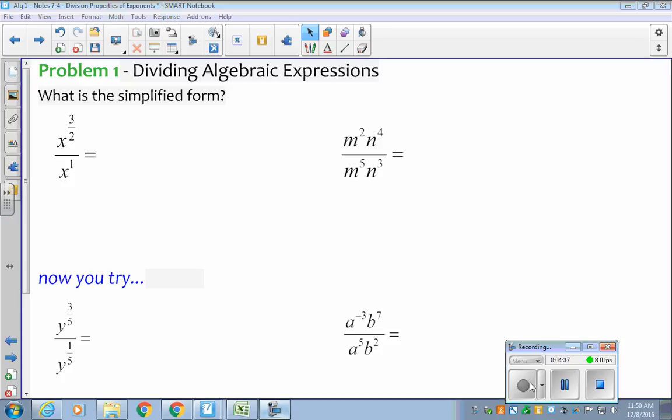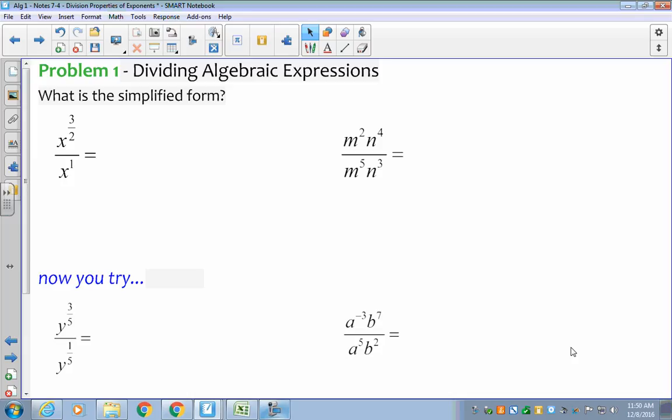All right, let's apply that rule to these problems here. So we're going to start with x to the 3/2 and x to the 1. We're getting a little bit of a bonus here in the fact that they put the 1 down there. Normally they wouldn't have the 1, it would just say x, and we would need to know that we put a little 1 power on it.